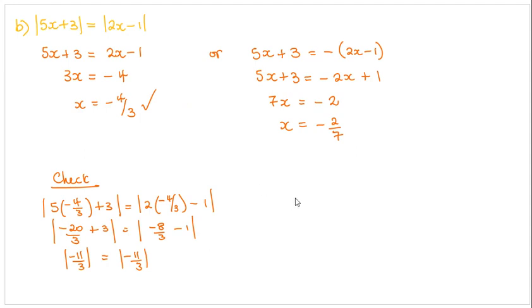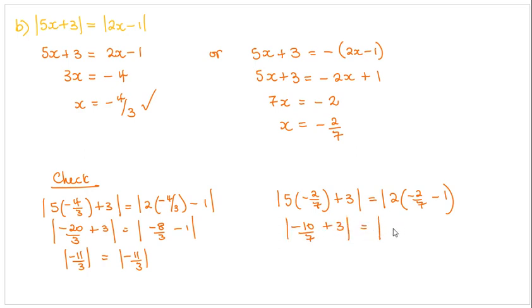Let's test the other one. So we're going to take the negative 2 over 7 and plug it into the original equation for x. And that gives me negative 10 over 7 plus 3 in the modulus.